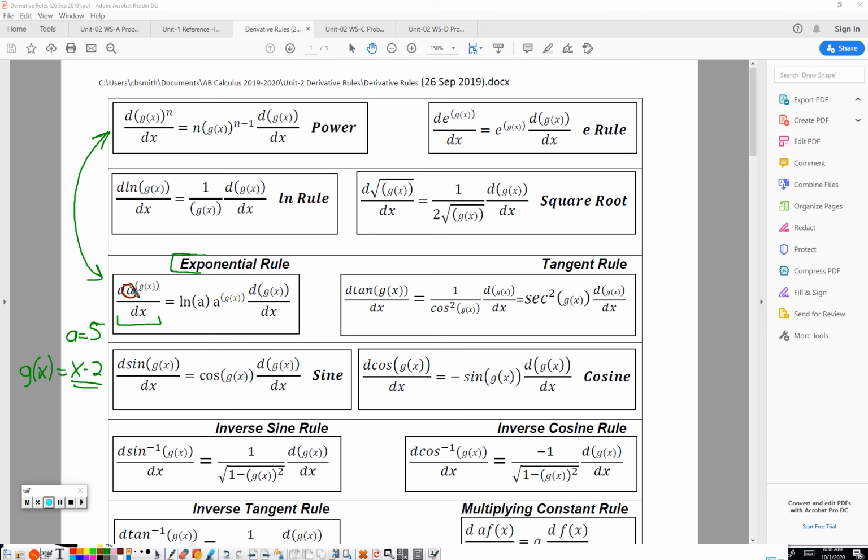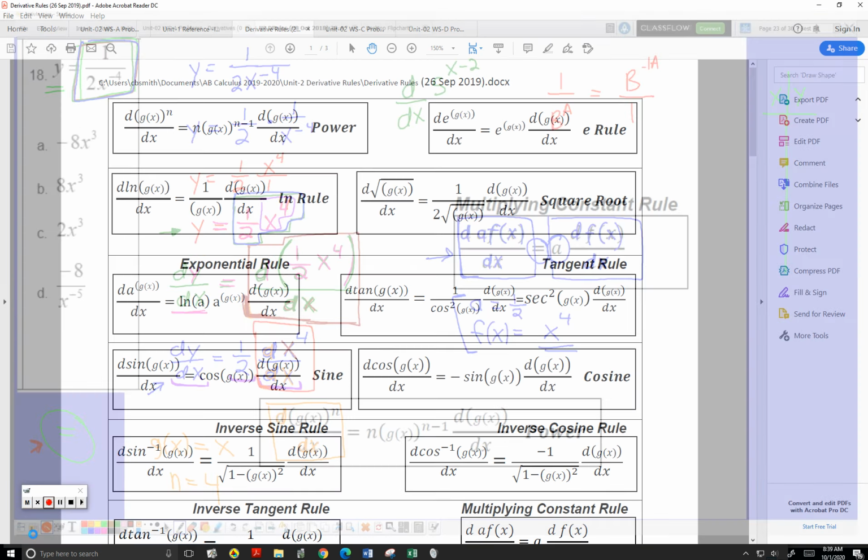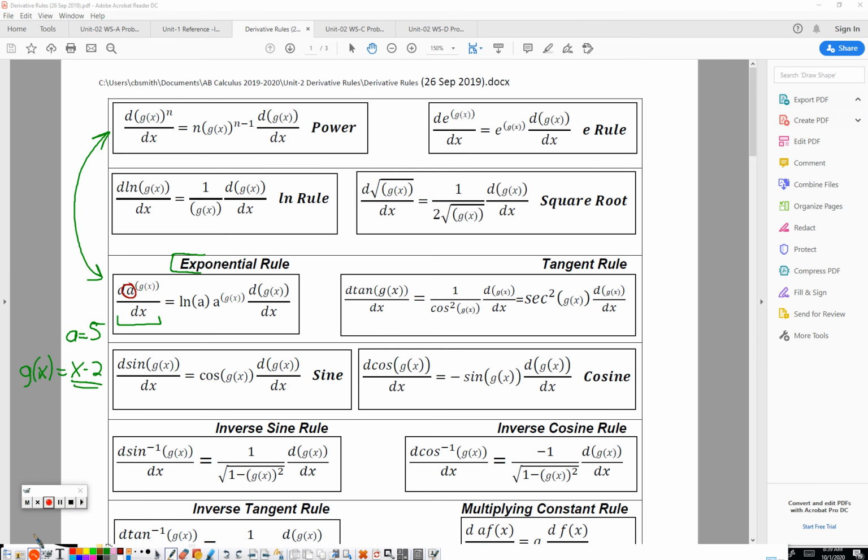So in the problem we're working on, the exponential rule wouldn't work because x is not a constant. And then on the power rule, the n has to be a constant. Okay. Does that make sense? That's how I keep those two separate. Does that answer your question?